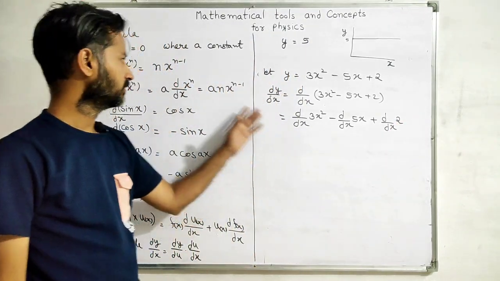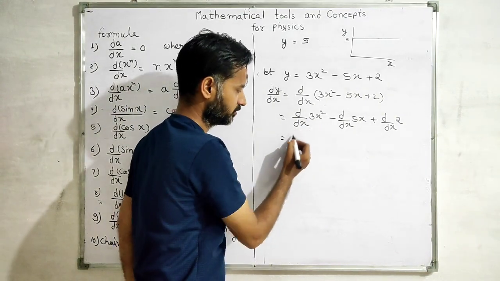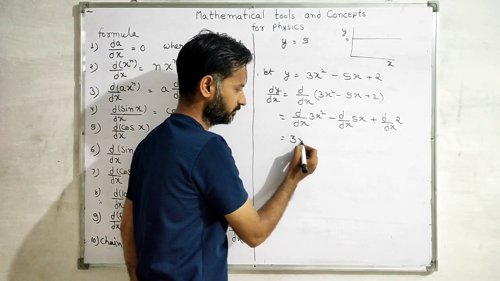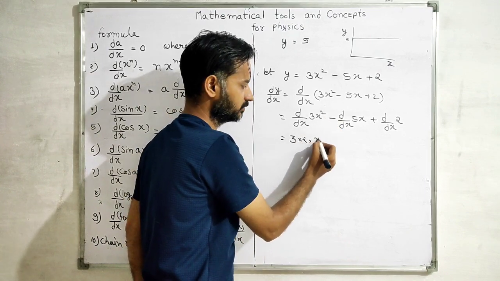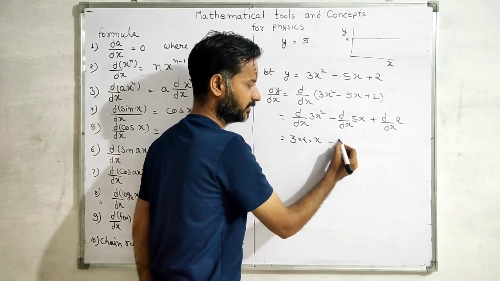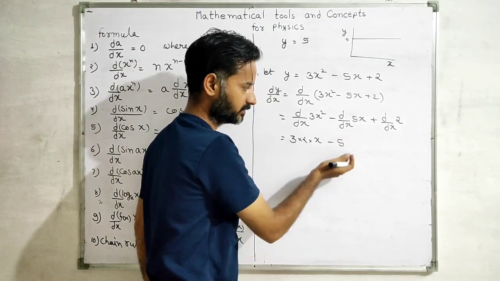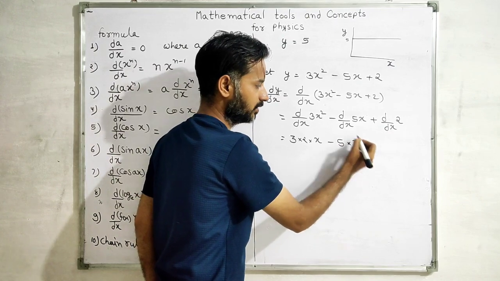By using these rules we get 3, this 2 comes to multiply and power will be decreased by 1. This 5 comes to forward, x have power 1, this 1 will be multiplied with 5 and power will be decreased by 1.